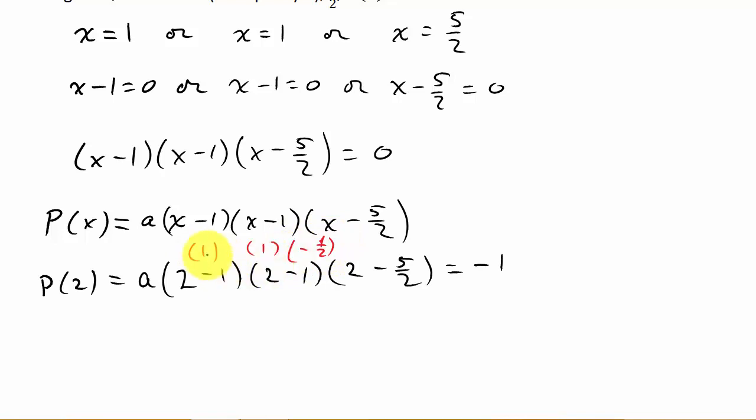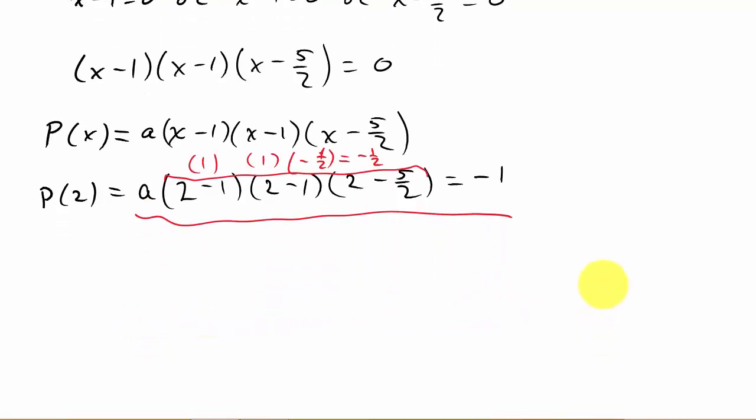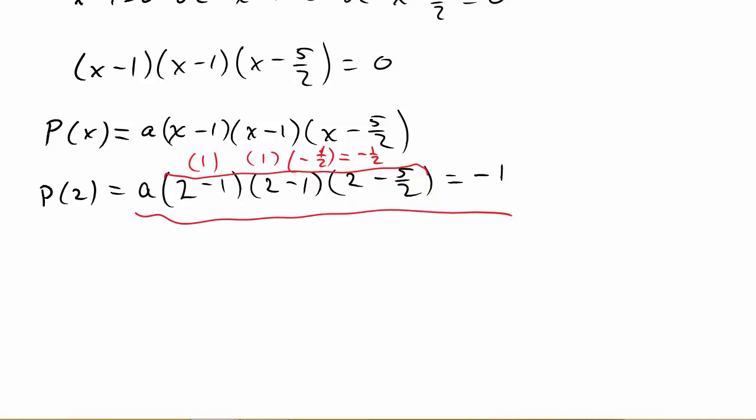So this part is equal to negative 1 half. I have this equation I can solve for a. So this is going to be negative 1 half a equals negative 1. I'll multiply everything by negative 2 to get rid of the negative 1 half, and I get a is 2.